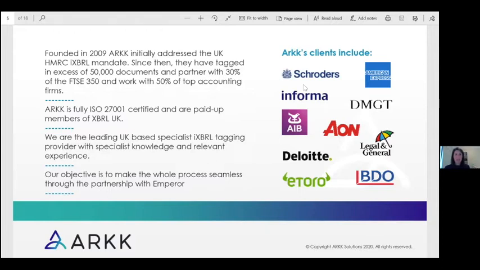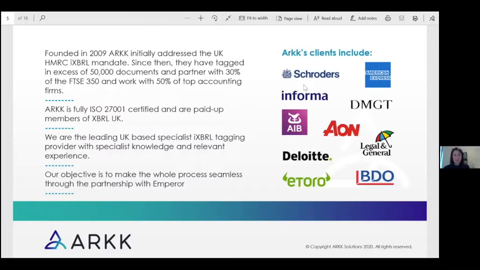We've got a number of FTSE 350 clients and large accounting firms that use us to do their iXBRL tagging for HMRC. We are ISO 27001 certified, and we are the leading UK-based iXBRL tagging provider at the moment.